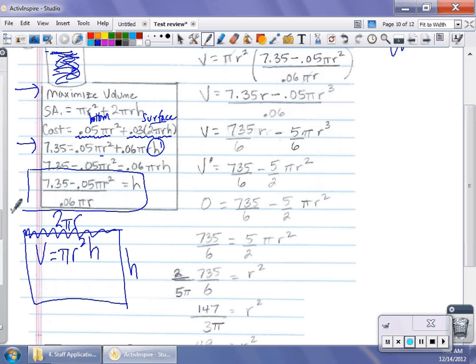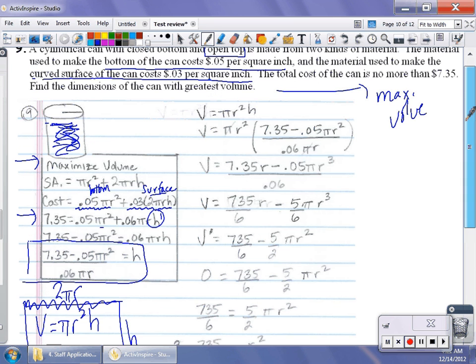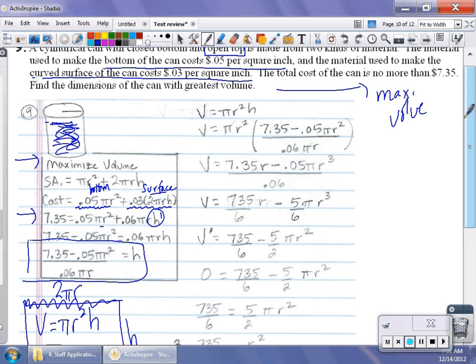So I'm going to substitute that into my volume equation. So volume is equal to pi r squared, and I'm substituting this in for h. Again, it's messy, but that just means you have to be careful.